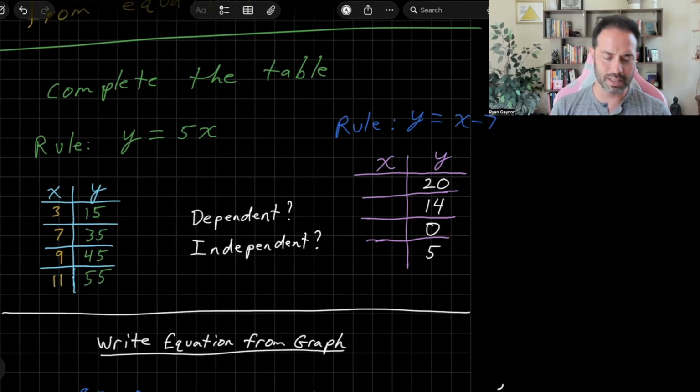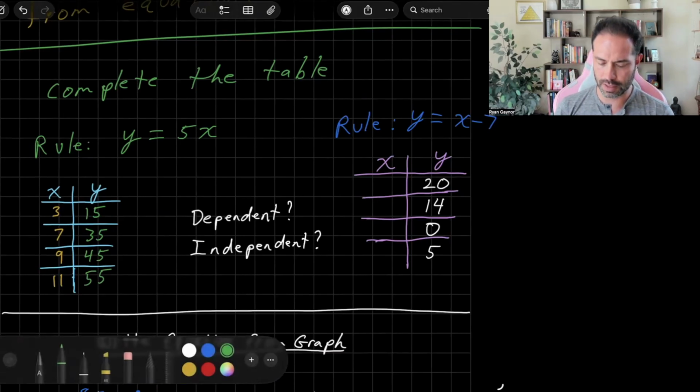All right, so the main question, though, is what is the independent and what is the dependent variable? So we have input and output, right? We're looking at an equation and a table using these things to see the dependent and the independent. So input, the x goes into the equation, the y comes out, right?